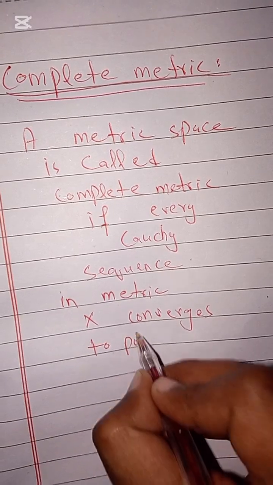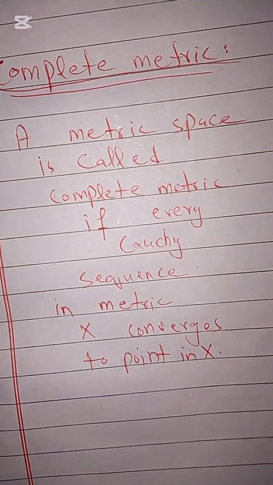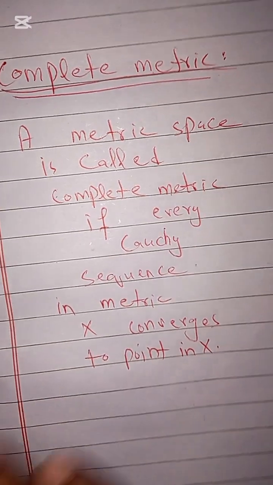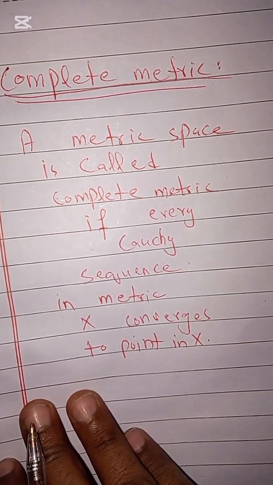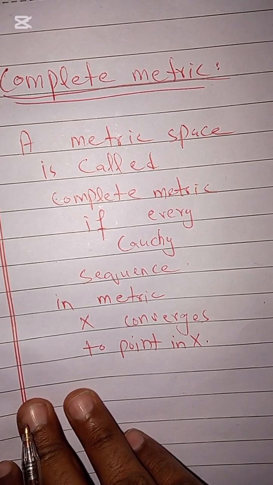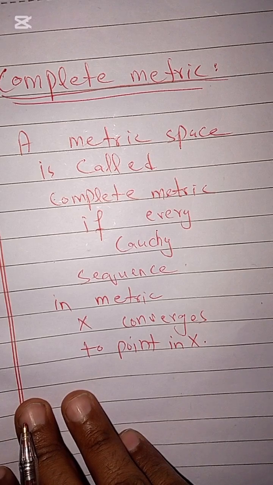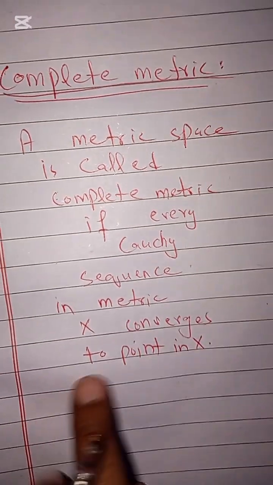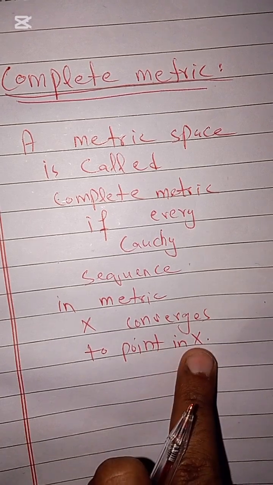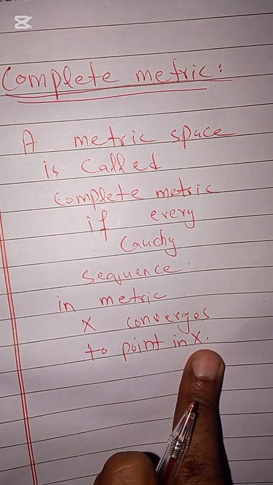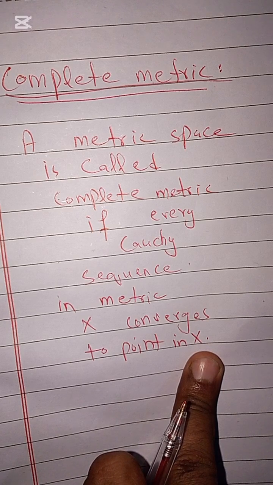It means that if a sequence is Cauchy, and if a metric space has all Cauchy sequences, and those Cauchy sequences converge to a point that is contained in the metric space X, then that is called a complete metric.